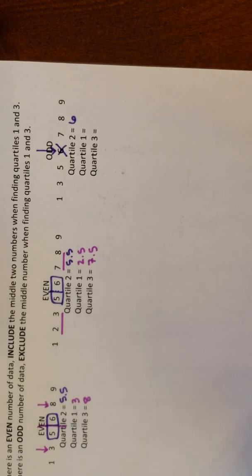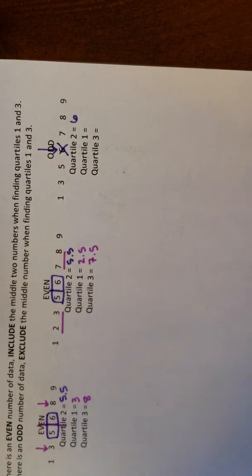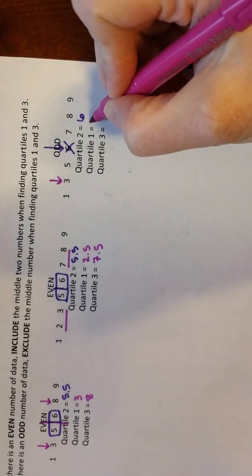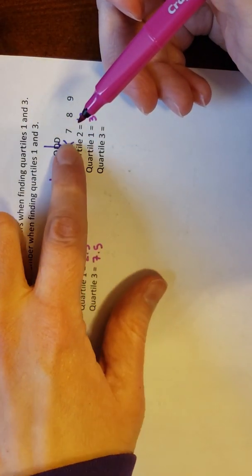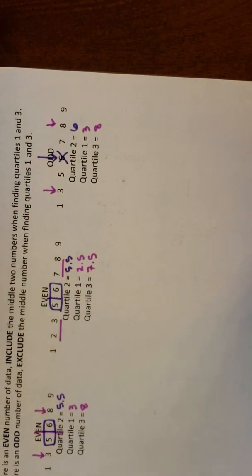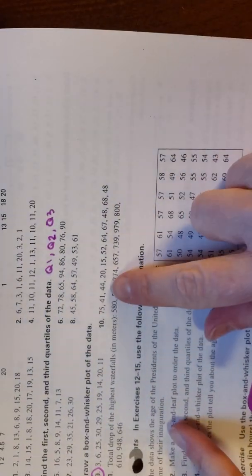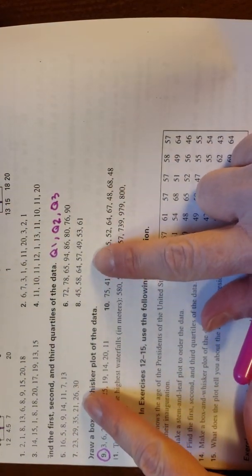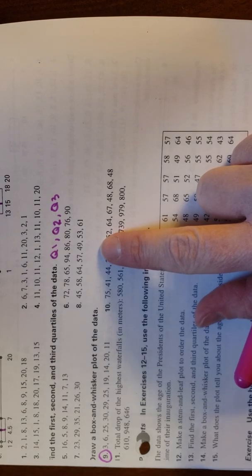So when I'm looking for quartile 1, get rid of that guy. Second quartile is 3. Looking at this half, get rid of that, is 8. Okay? All right, so hopefully that will help you, especially with questions 5 through 8. Because sometimes there's an even number, sometimes there's an odd number of data, and you'll need to know what to do with that. Okay, great.